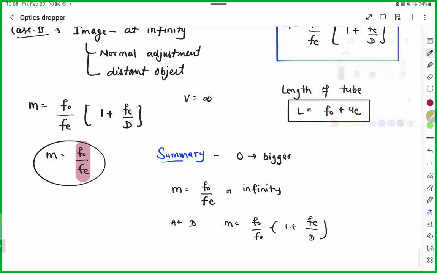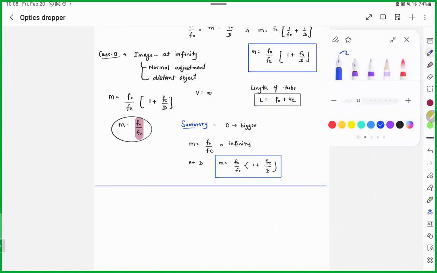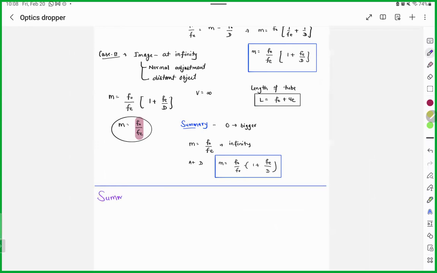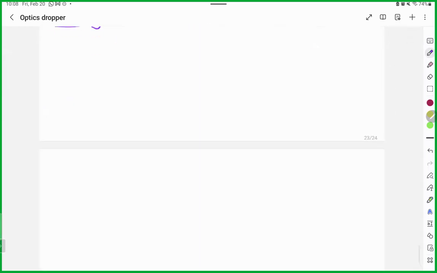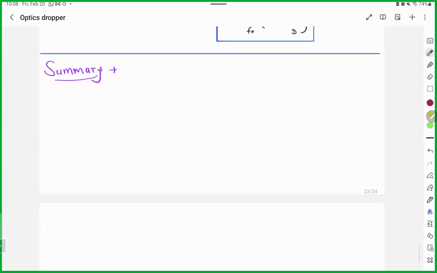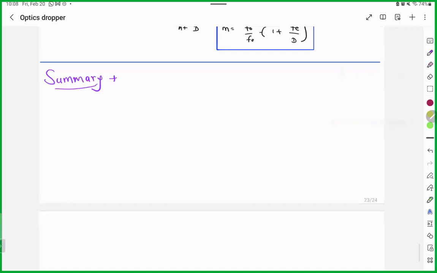Done. You also have to write the total summary of these three situations, the overall summary of the magnification.